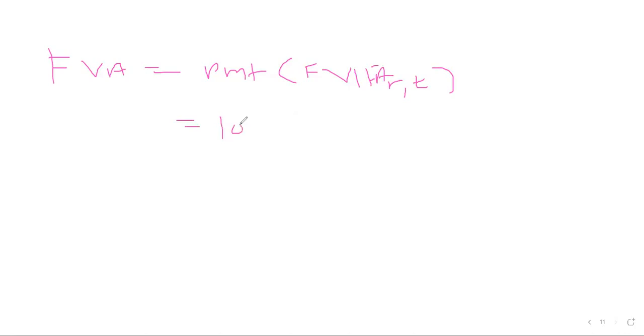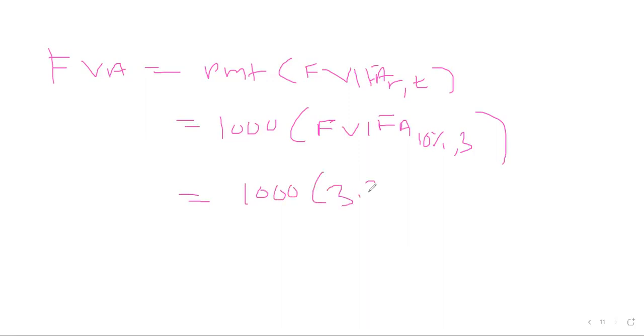So we'll have 1,000 here, the future value interest annuity, 10%, 3. So if you're going to check in the table, it will be 3.310.